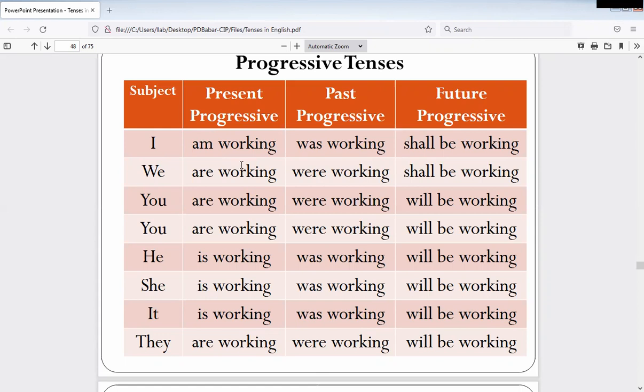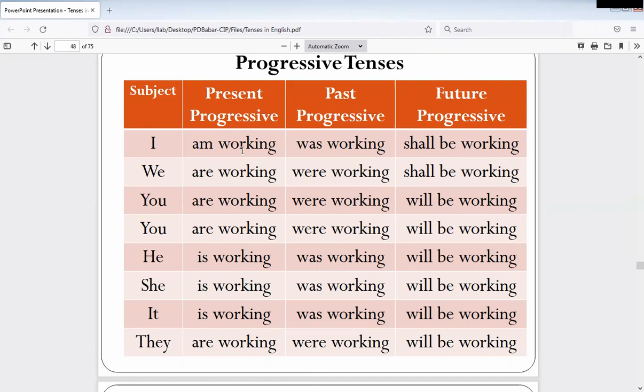For the present progressive, we can't say मी काम करत होतो. We have to say I am working, मी काम करत आहे. The action is going on at this instant, that's why I am working, मी काम करत आहे.